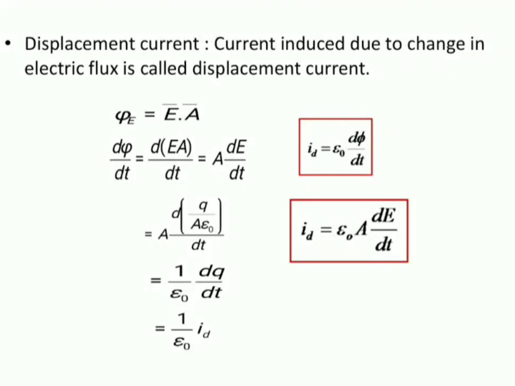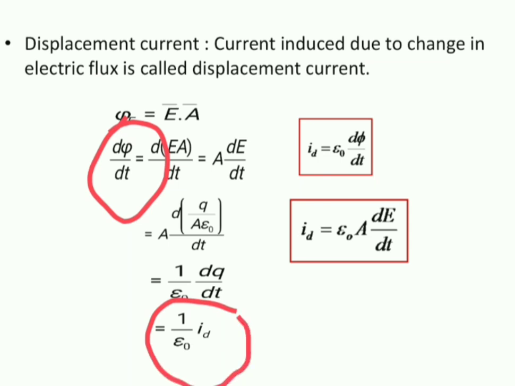So we can prove that rate of change of electric flux d phi by dt is 1 by epsilon naught times id, or id is equal to epsilon naught into d phi by dt, where phi is electric flux. So you can also write it in terms of dE by dt.